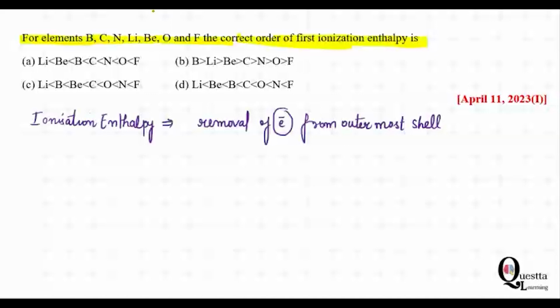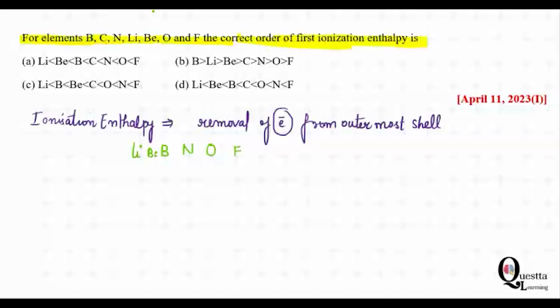So what we are given over here, let us write. According to the periodic table, we will write. Here we have lithium, then boron, nitrogen, oxygen, beryllium, and fluorine. How many are there? 1, 2, 3, 4, 5, 6, 7.